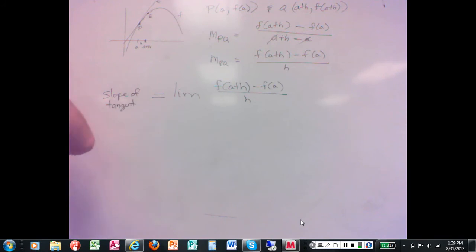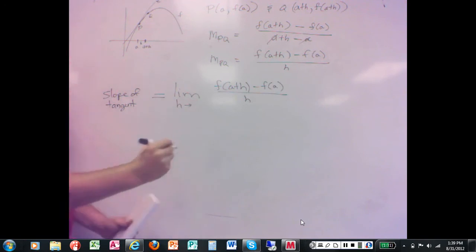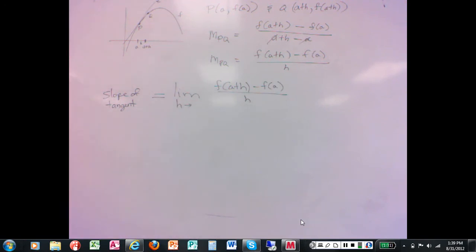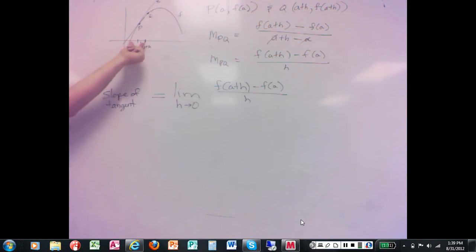What's happening here is the h is getting smaller and smaller. So what would I want h to go to? How about 0? Yeah, I want the h value here to shrink smaller and smaller, so I want the h eventually to go to 0. So that's the limit here. It's not x going to a, it's h going to 0.